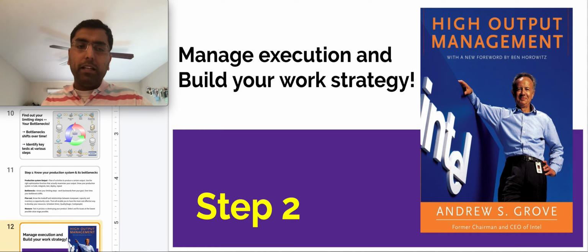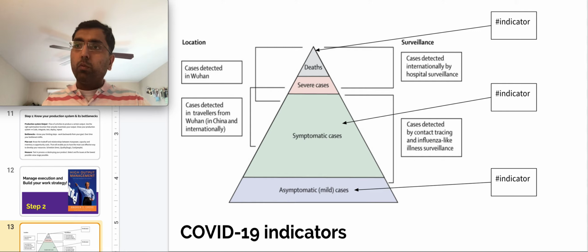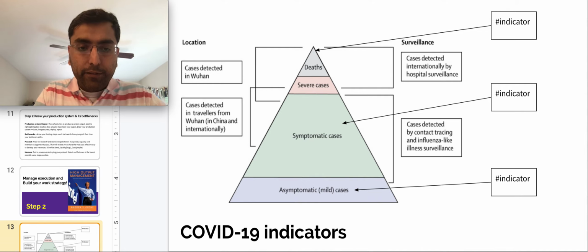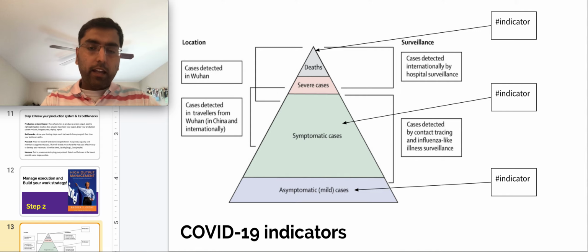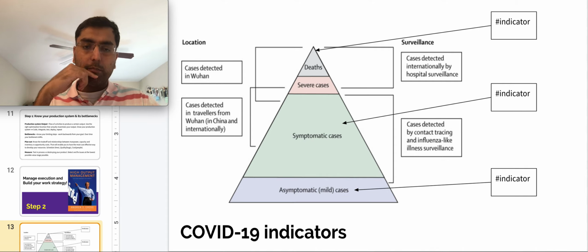So what do we mean by that? Managing execution is you would want to understand clearly how work is progressing. So let's take an example. Recently, we are going through this COVID-19 pandemic, and this could potentially be the pyramid of how you can break down the COVID-19 system.